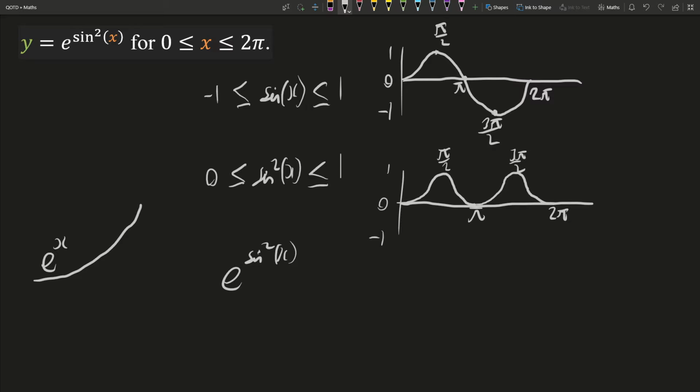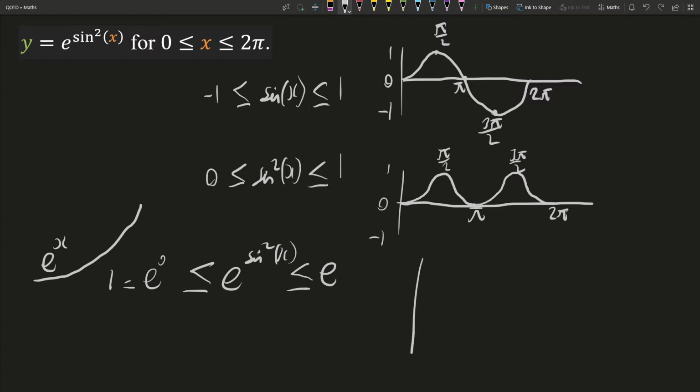So we know that the smallest value will be at the leftmost value. And here, well, sine squared x, we already know what the minimum value is. That's 0. And e to the 0 is just 1. Similarly, on the right side, the largest value is where sine squared x is 1. So we have e to the 1, or just e.